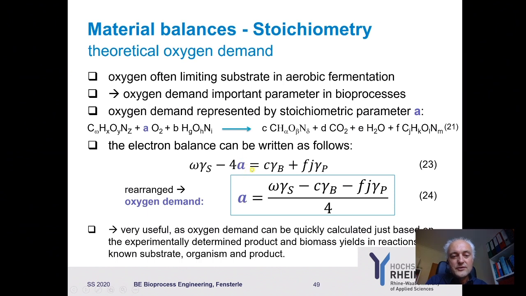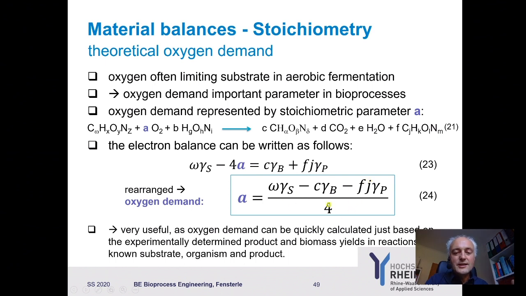We have just solved the equation for a, and said the oxygen demand is simply the degree of reduction of our substrate times the number of carbons, minus the degree of reduction of our biomass times the stoichiometric coefficient, and if there is a product, minus the degree of reduction of our product times the number of carbons of our product times the stoichiometric coefficient, all divided by 4.